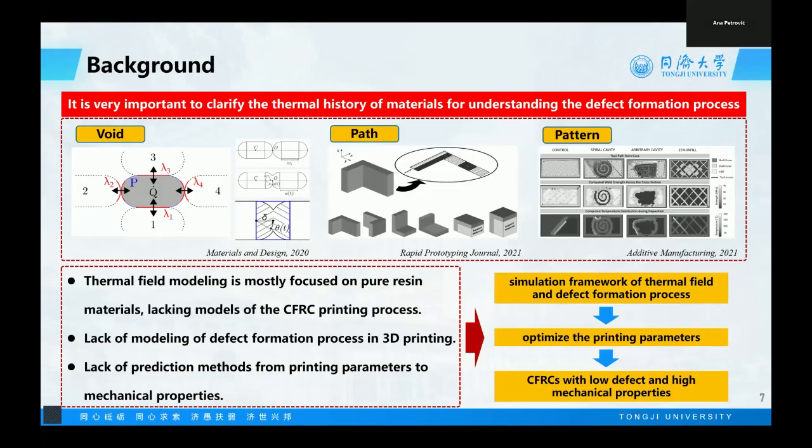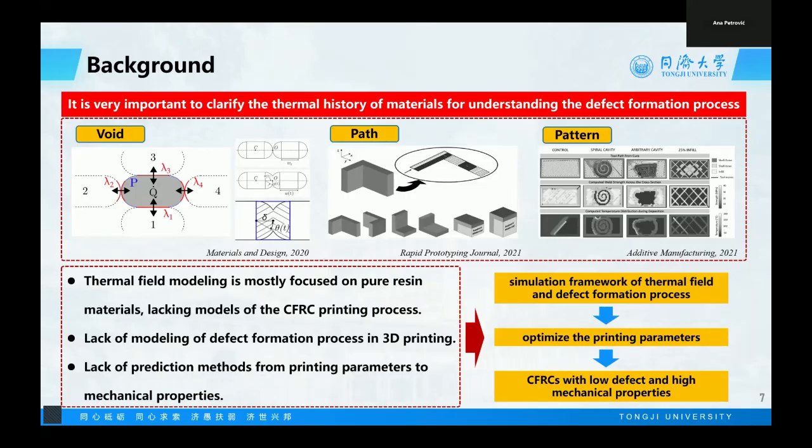In current studies, thermal field modeling is mostly focused on pure resin materials, lacking models for the CFRC printing process, and there is little modeling of the defect formation process in CFRC 3D printing. So it is impossible to predict the mechanical properties of 3D printed CFRCs directly from the printing parameters.